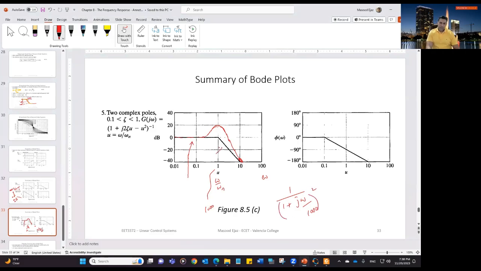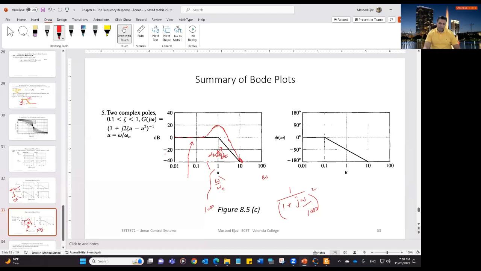Because this is negative 40 decibel per decade. So that's why if you don't show the curve, it will be hard to realize whether this Bode plot is coming from two real poles at 1000 radian per second, or from a second order pole. So that's why it is important to show this peak for the second order root. And as I said, you can always calculate the peak value with the formula that we discussed.